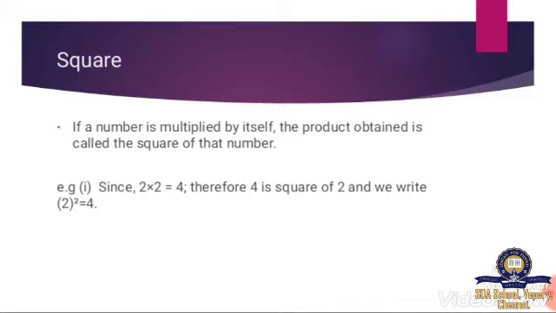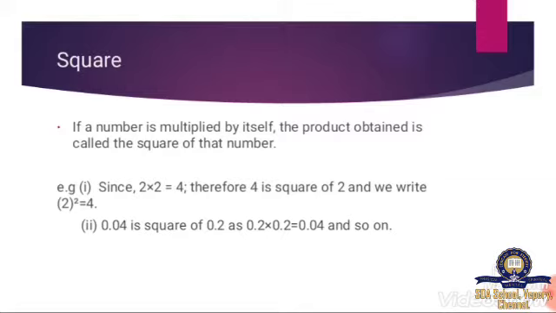For example, since 2 into 2 is equal to 4, therefore 4 is the square of 2, and we write it as 2 square is equal to 4. Likewise, consider another example: 0.04 is the square of 0.2, as 0.2 into 0.2 is equal to 0.04, and so on.